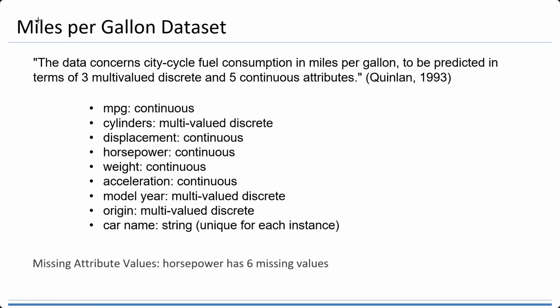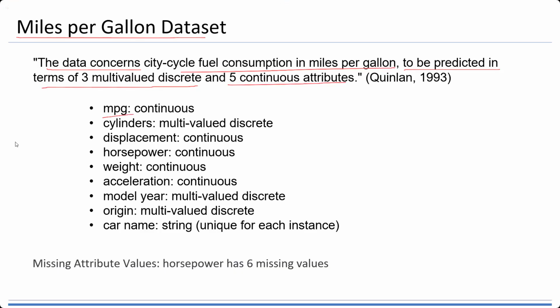The data set name is miles per gallon, or sometimes we call it MPG. The data concerns city cycle fuel consumption in miles per gallon. It is to be predicted in terms of 3 multi-value discrete and 5 continuous attributes. So MPG, miles per gallon.